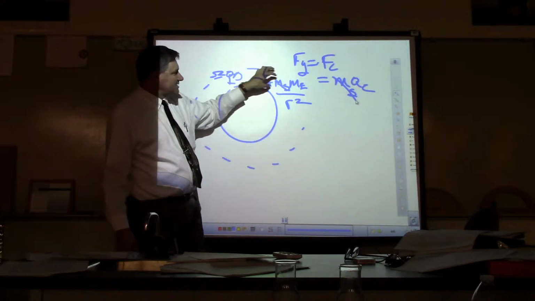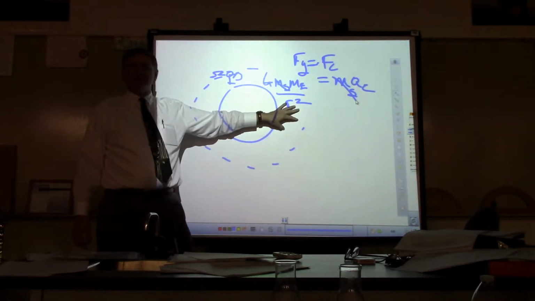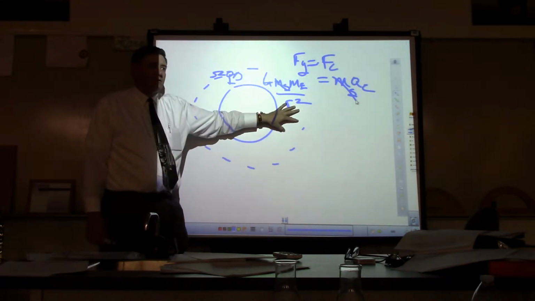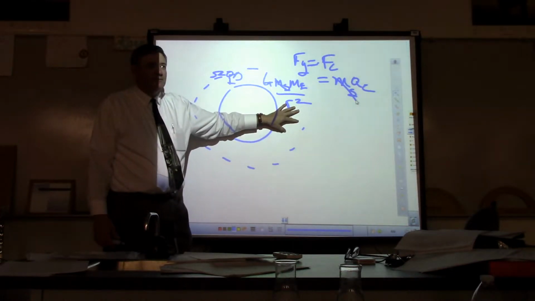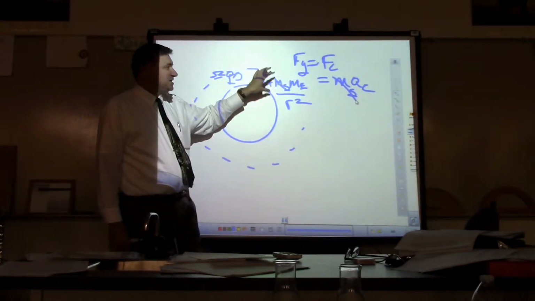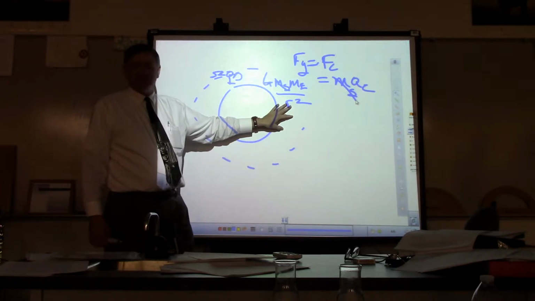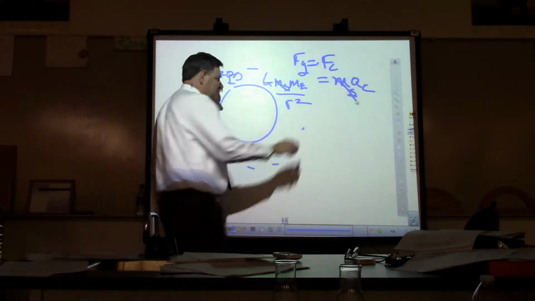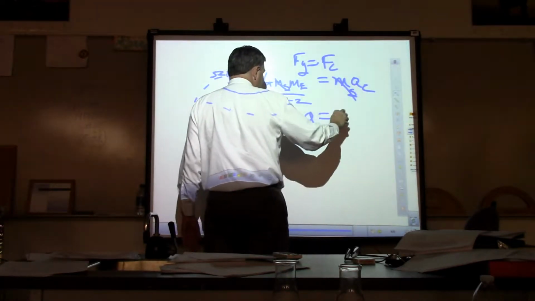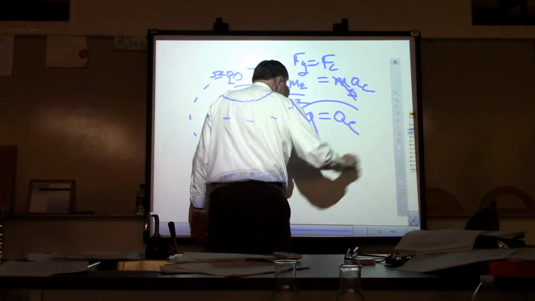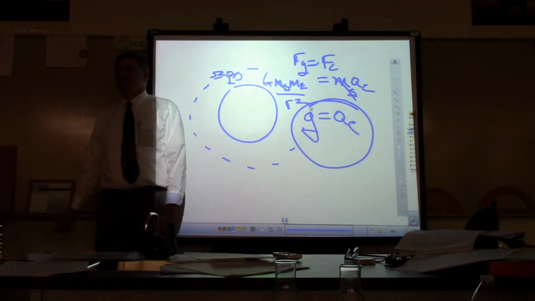So now I'm left with big G mass of the Earth over R squared. When you take big G times the mass of the Earth over R squared, what variable do you get? Little g, right? So little g equals your centripetal acceleration.